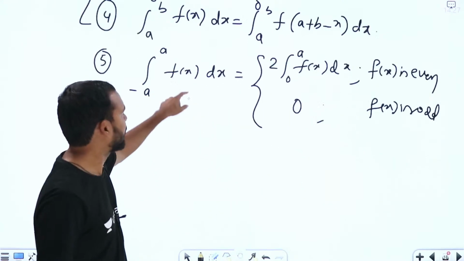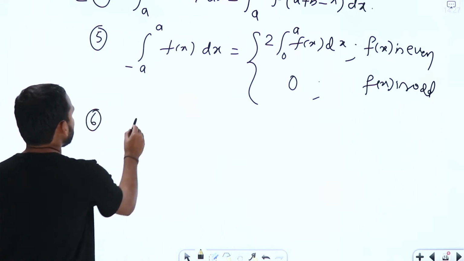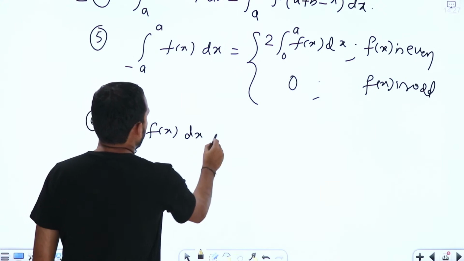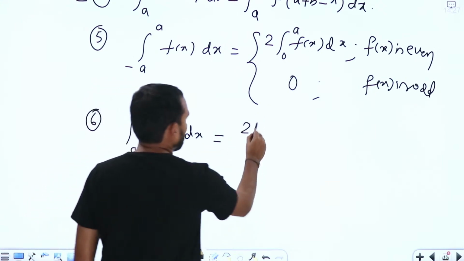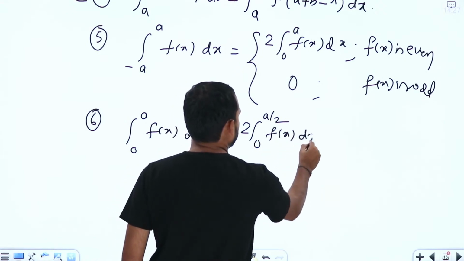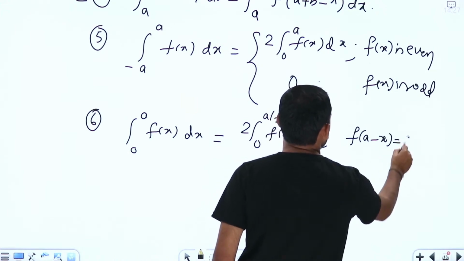Similarly, we can write one more property: integral 0 to a f of x dx can be written as 2 times integral 0 to a by 2 f of x dx, provided f of a minus x is equal to f of x.